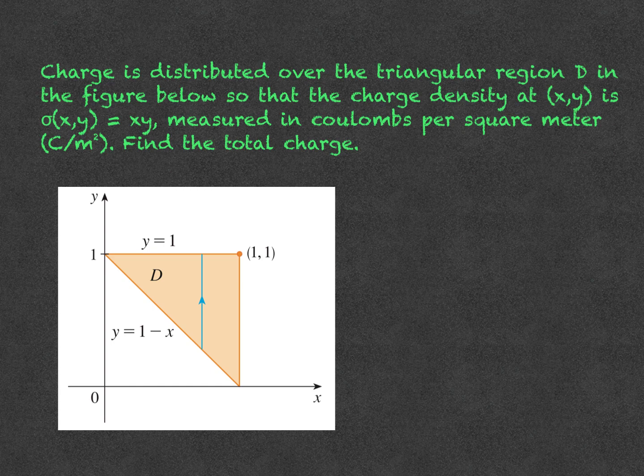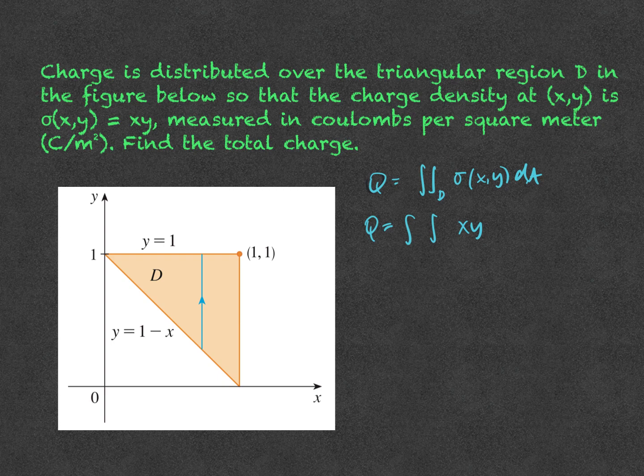If you remember the formulas from the previous screen, in order to find an electric charge, Q is equal to the double integral over the region of sigma of (x, y) with respect to the area. So we're going to use our double integral to figure the electric charge. Q equals the double integral, and our sigma is xy. Then we need to determine dA.